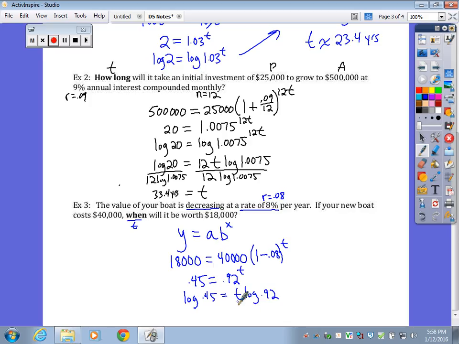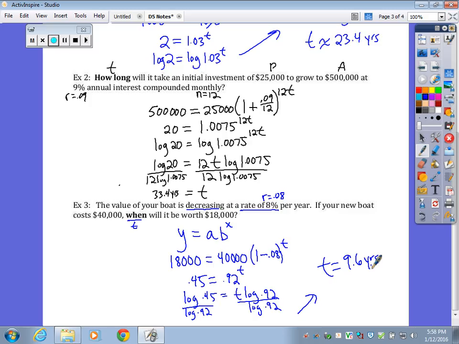Divide both sides by the log of 0.92, and that leaves me with t. It says when, so this is time in years, and I get 9.6 years.